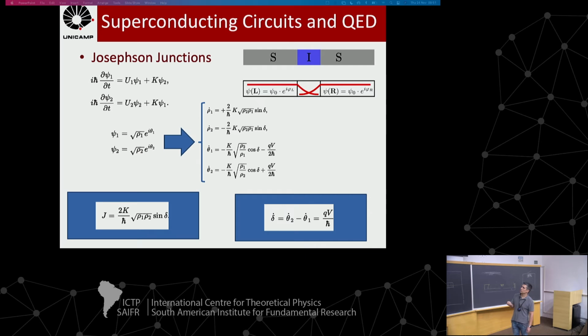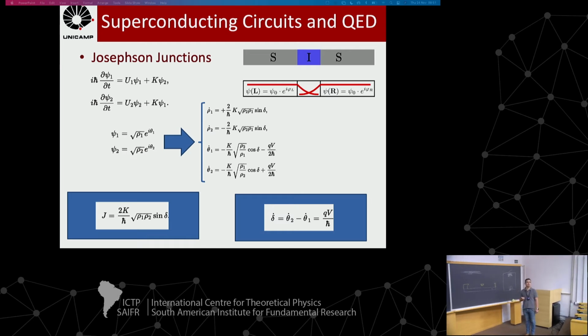The current is proportional to the sine of the difference of phase on both sides. So the current passing through the barrier is proportional to the sine of the phase difference, and the voltage between both sides is proportional to the rate of change of the phase. Okay?